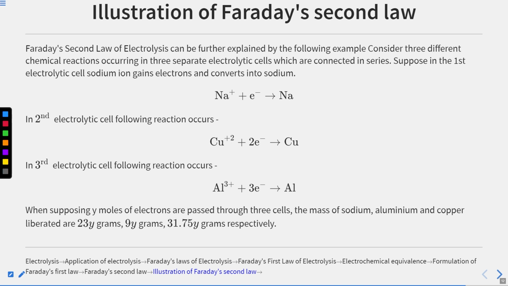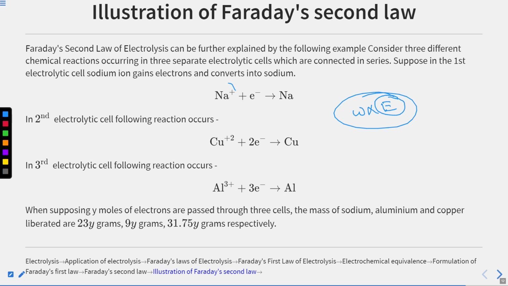So if you consider a formula like this, which says that W is directly proportional to it. So supposing that y moles of electrons are passing through this, if the same amount of current is passed through all of these, then the same equivalent, not weight, the same equivalent of each of these will be formed.